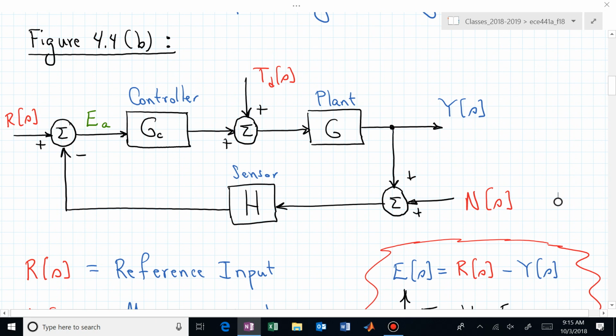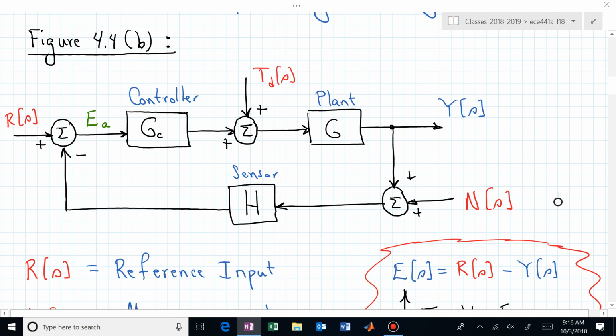And that might clear up your thinking or the analysis if you simply zero out two of the inputs and find the transfer function between one and the output y at one time. And do that 3 different times. Once for the reference input, once for the disturbance input, and once for the noise.